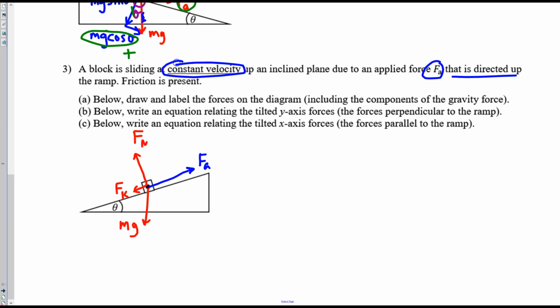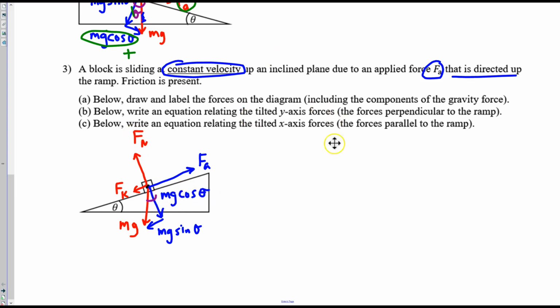Woohoo! We have constant velocity. Let's draw the components of gravity. The one down here is mg sine because it's opposite the angle, theta. And the tilted y component is actually mg cosine because it's adjacent theta.